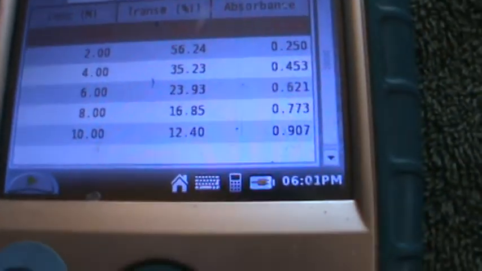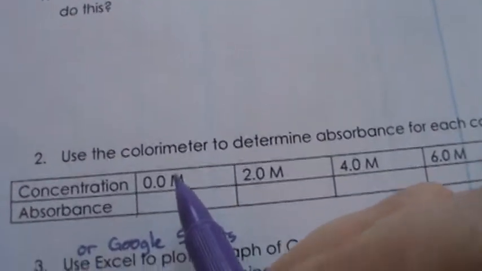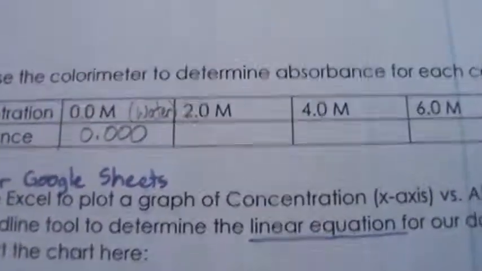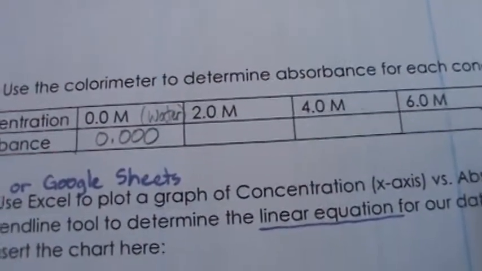Okay, so now in here, under my 0 molarity, that was just water. Okay, that had a 0.000 absorbance, and I'm going to keep all my significant figures.